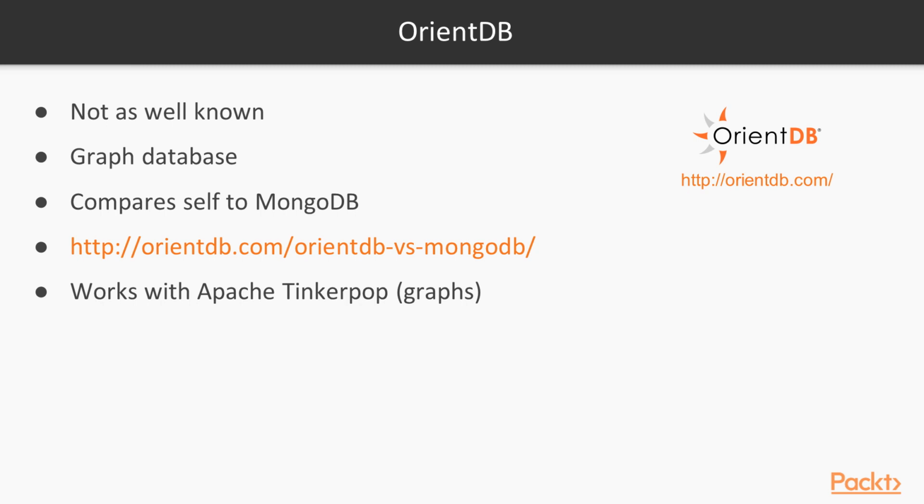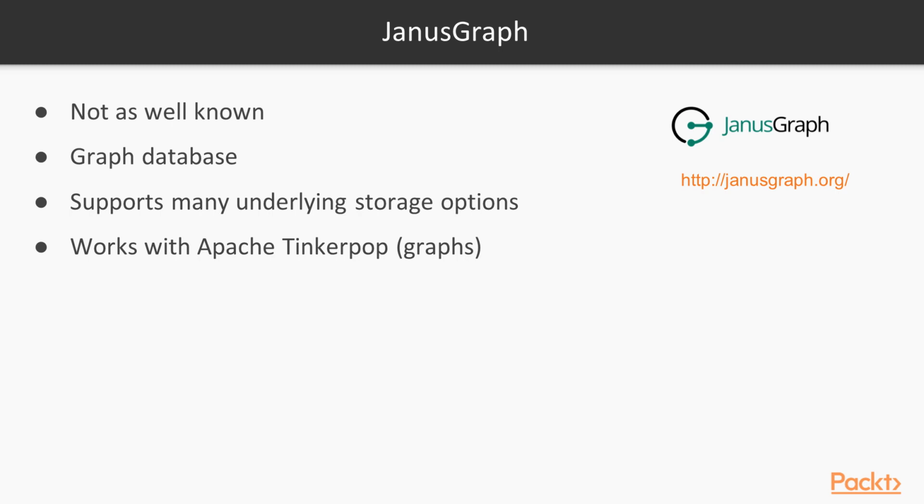OrientDB makes for a great centralized graph and also has a very nice querying interface as you write your Gremlin queries against the database to examine what happens against the schema. And one of the smaller graph databases is largely a graph overlay over a variety of other storage options called JanusGraph, an open source system that also works with Apache Tinkerpop in order to get you your graph overlays on systems like Apache Cassandra, or a variety of other databases.